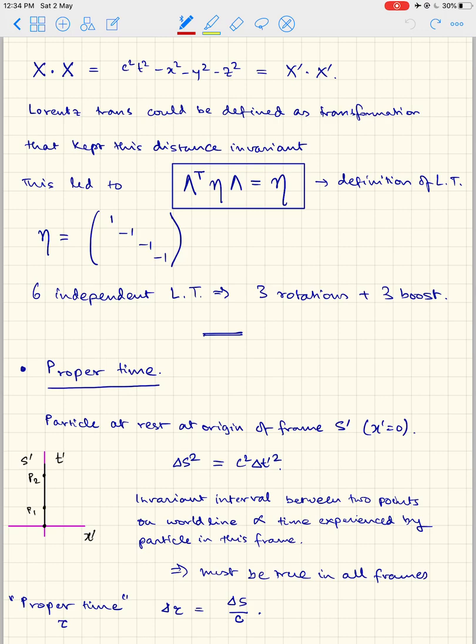Now what we tried to do today, the first thing that we tried to focus on was trying to define other 4 vectors. So we had this position 4 vector. We want to define other 4 vectors like velocity and momentum and so on.